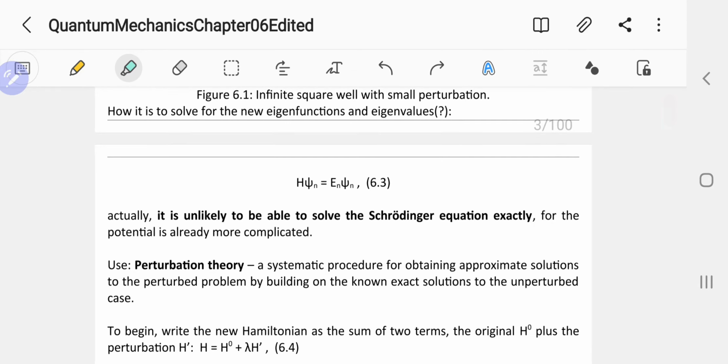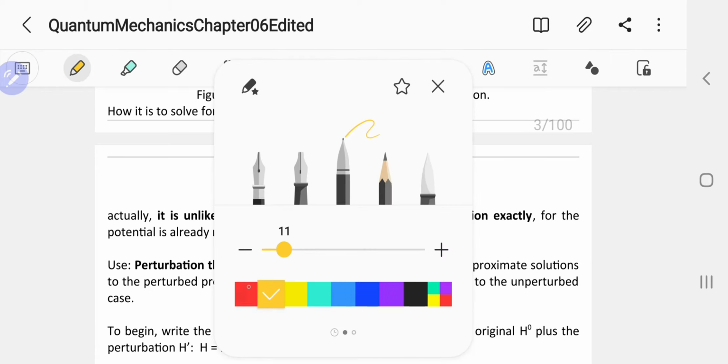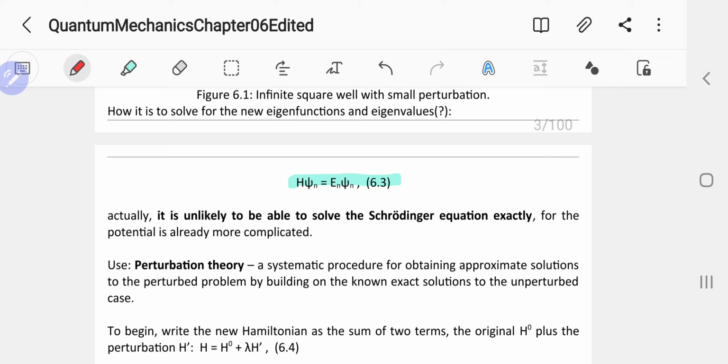So for the new Hamiltonian, the energies will be given by this. Now, this lump will make it difficult for us to solve the Schrödinger equation exactly. So we will have to find new ways to approximate the new energies.